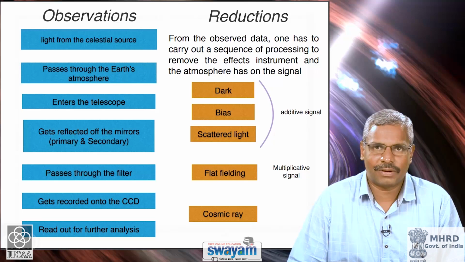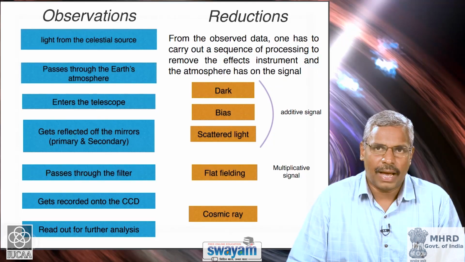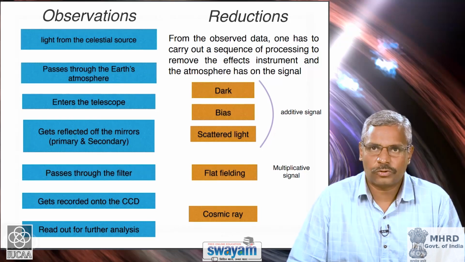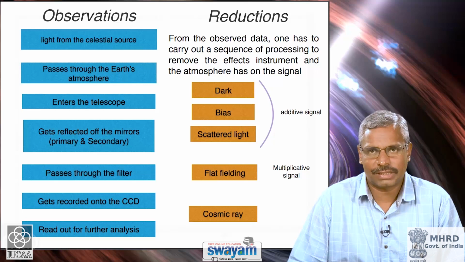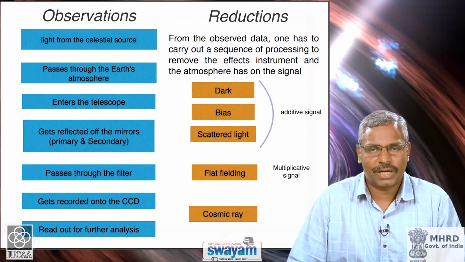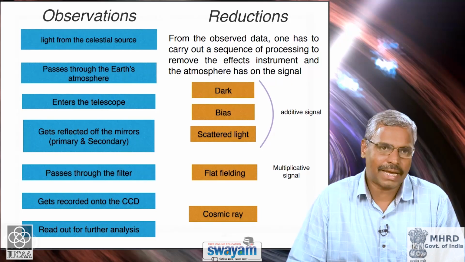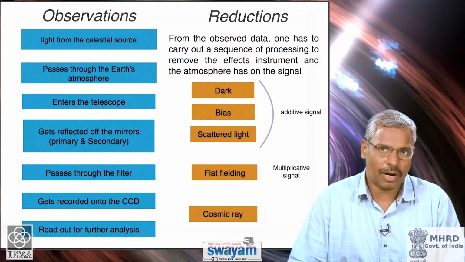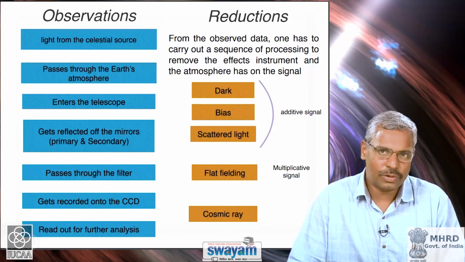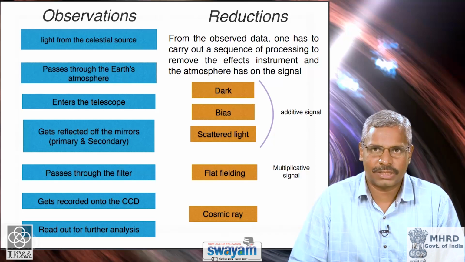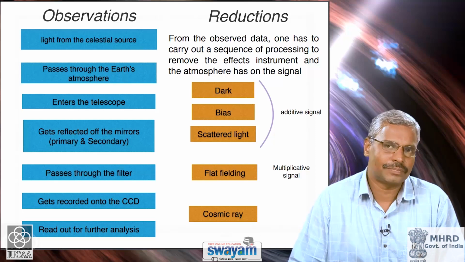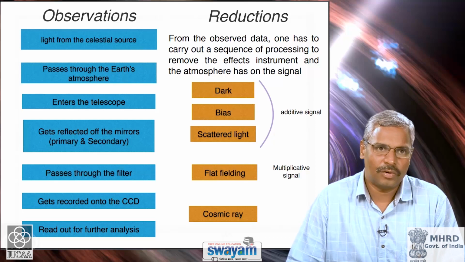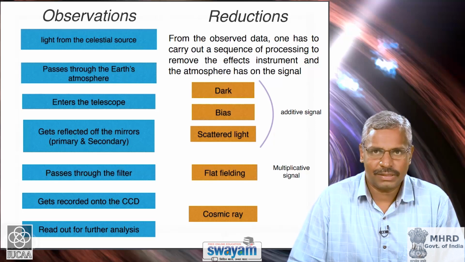So, some of the effects are given below, and these effects need to be removed, as they are the effects of the instrument and the atmosphere on the signal. These effects we are talking about are the dark, the bias, as well as the scattered light which comes into the detector apart from the light from the celestial source. So, all these signals add to the strength of the photons received, and so these are additive signals which have to be removed from the photons we collect from the source.